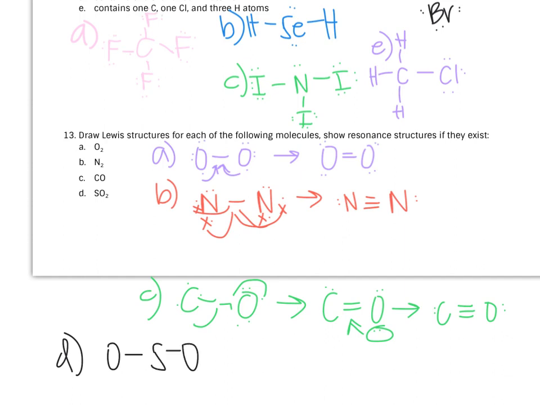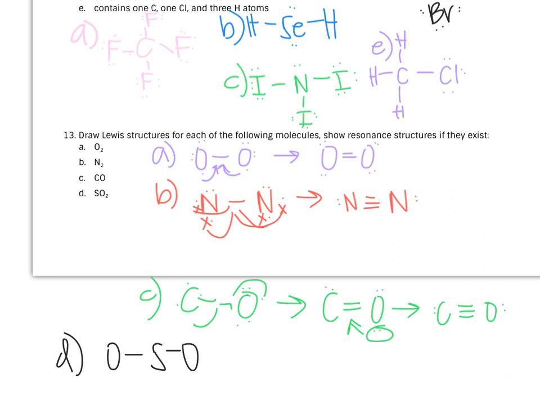So sulfur has 6 valence electrons. So does oxygen. So if they each share 1 for a bond, they're not ever really going to come to a resolution. So it's going to be something also weird.